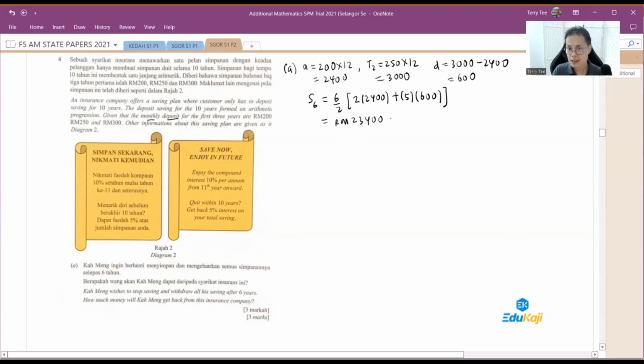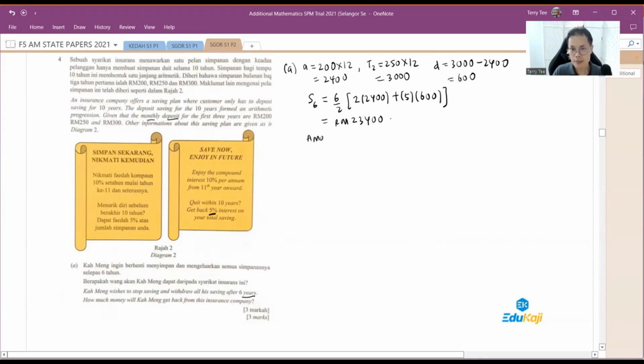This 23,400 represents the amount that Coming put in over the first 6 years. Now, if he wishes to withdraw all his savings after 6 years, he will get 5% interest, right? When we say 5% interest, we're talking about 100% plus 5%. So that's 105. So how much money will he get back?